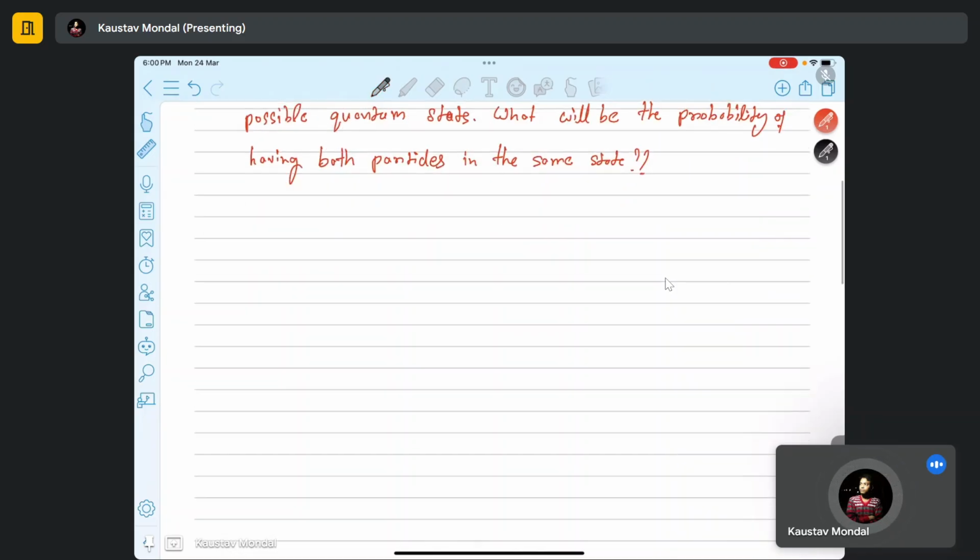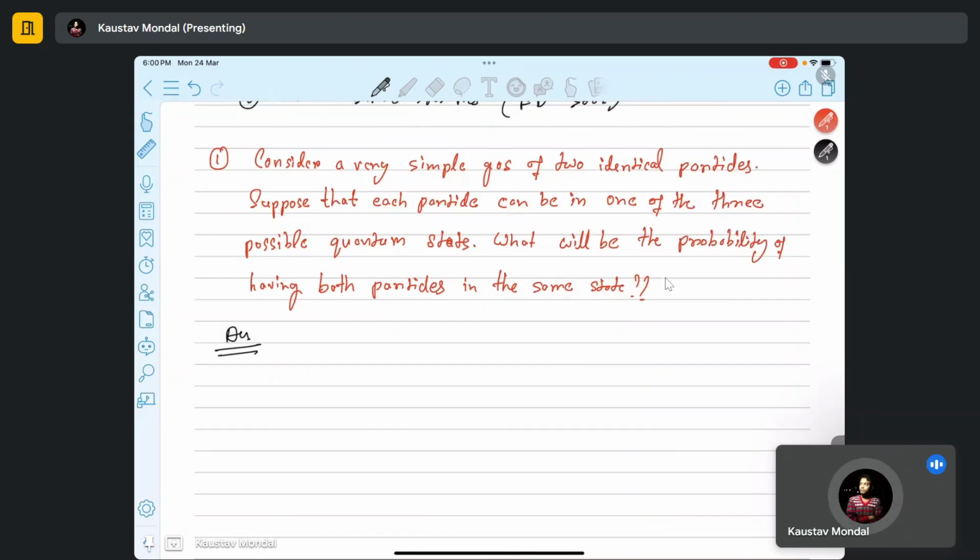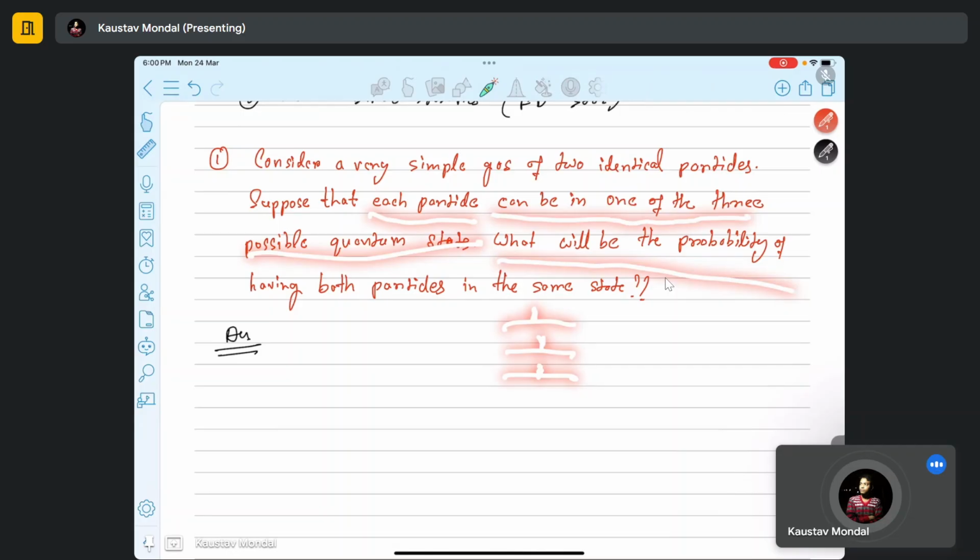So this is the problem. Consider a very simple gas of two identical particles. Suppose that each particle can be in one of the three possible quantum states. Each particle can be in this one, this one, or this one. What will be the probability of having both the particles in the same state only?